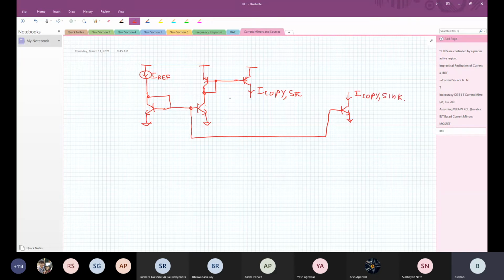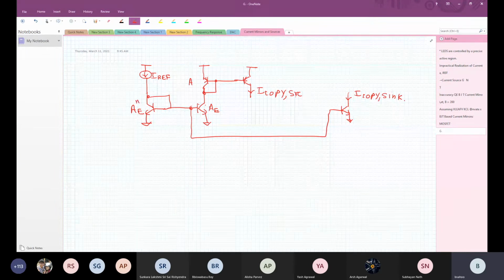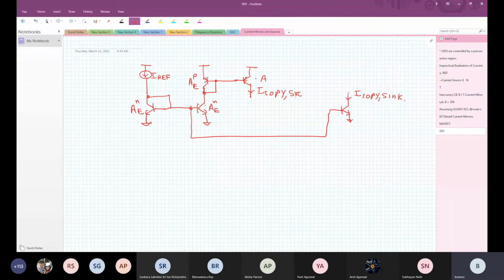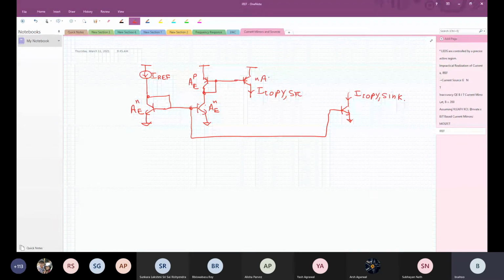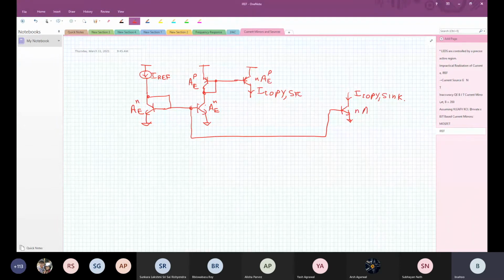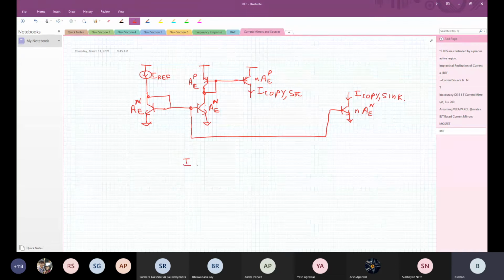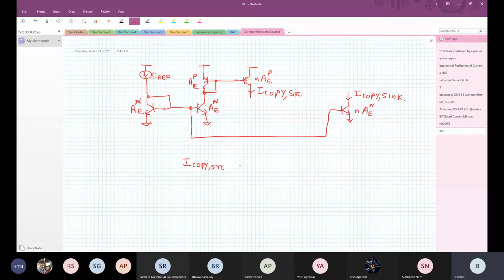Okay. So now if the area of this is AE, let's call this AEN, AEP, and this is N times AEP, and this is N times AEN, then I copy SRC is roughly equal to N times IREF, but there will be a lot of inaccuracies.